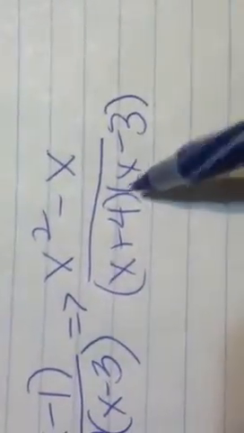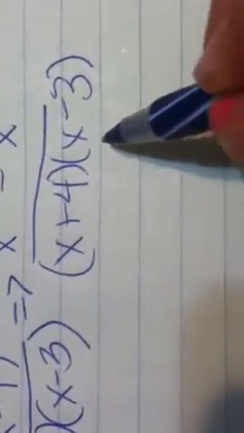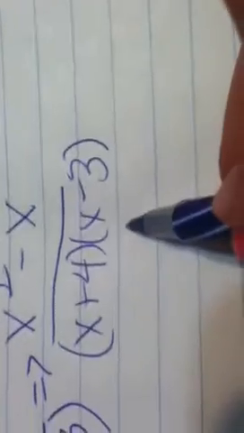So what we have to do is divide the denominator into the numerator. So if we multiply out x plus 4 times x minus 3, we're going to get x squared plus 4x minus 3x minus 12.